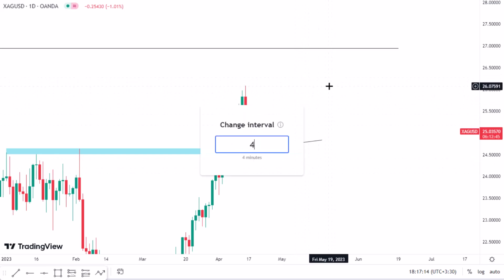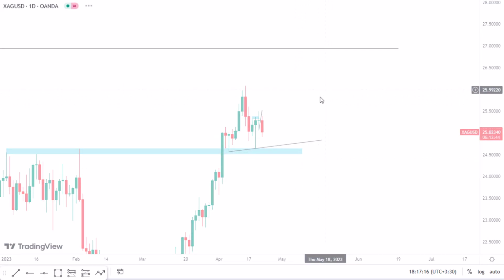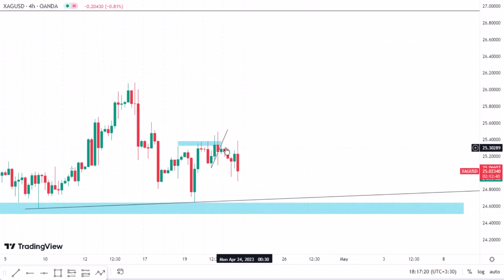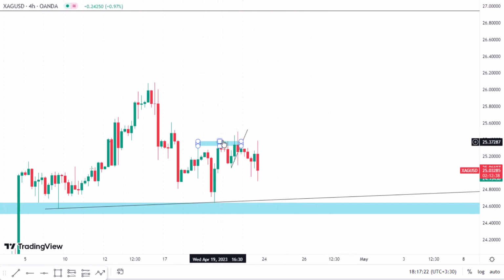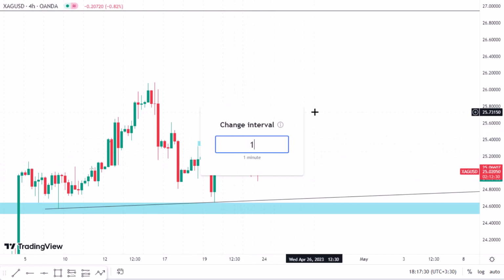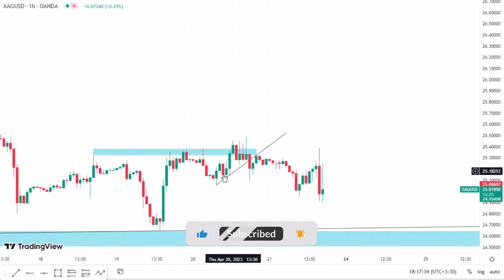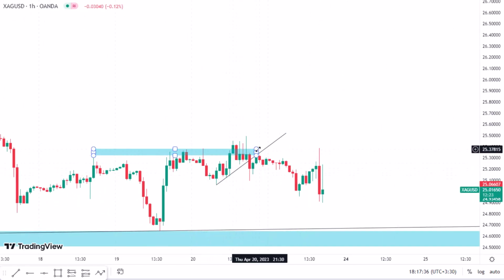Let's check the lower time frames too, like the 4-hour time frame. We don't have anything special. We had a resistance here, the price reacted to that and started falling, and I also told you that in the 1-hour time frame we have this trend line for the price, with 3 touches on it.